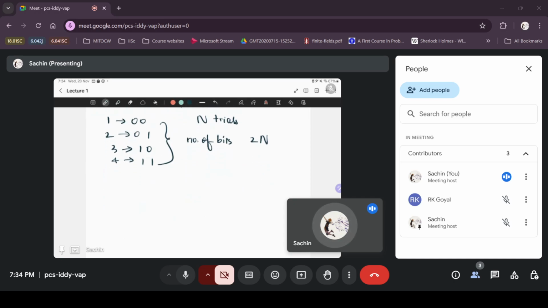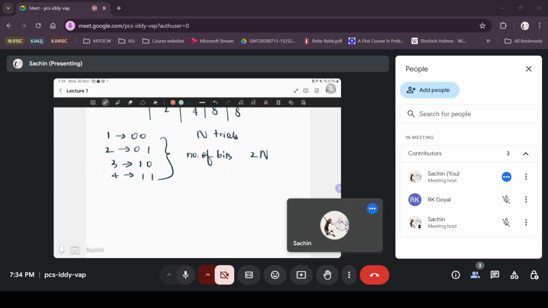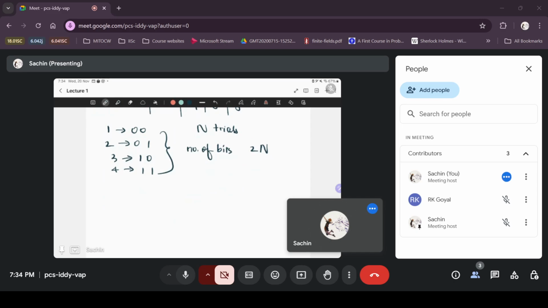But suppose I represent 1 by the symbol 0, I represent 2 by the symbol 1, 1, I represent 3 by the symbol 1, 0, 0, and I represent 4 by the symbol 1, 0, 1.